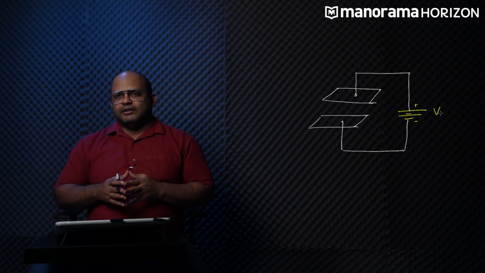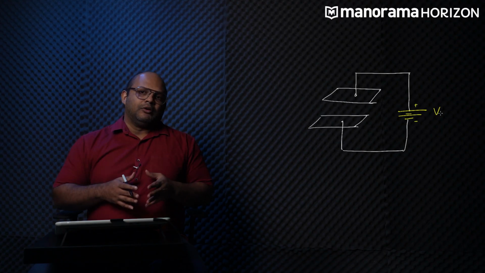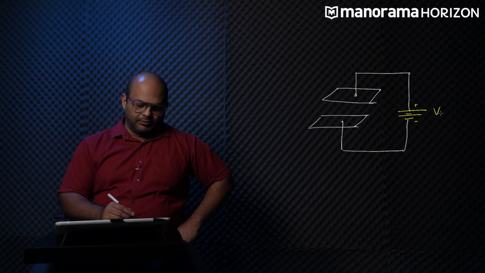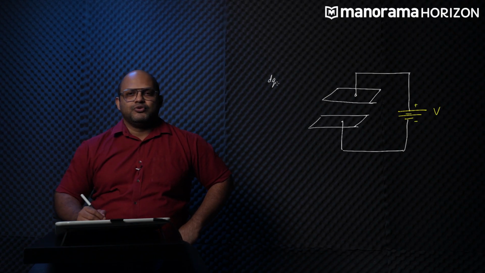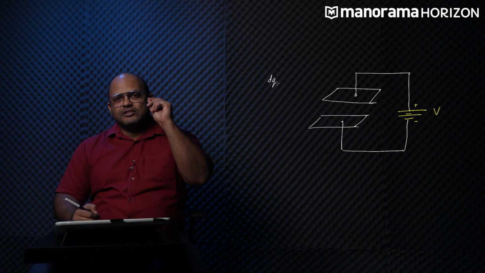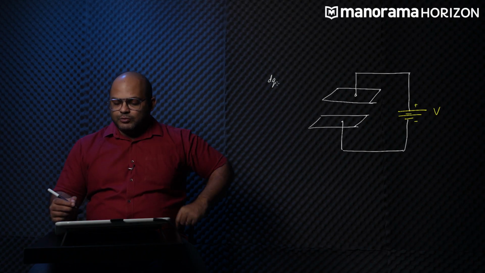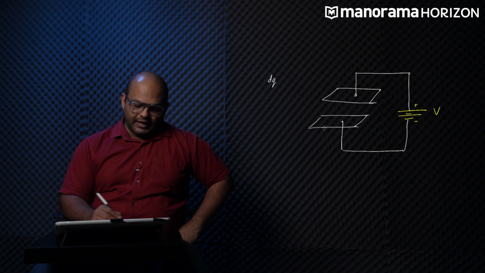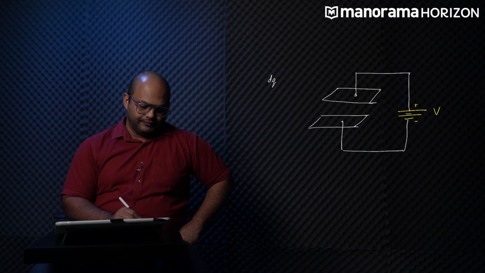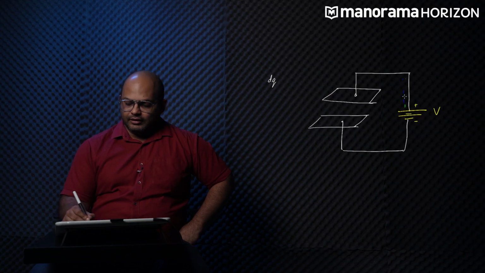Let's say that we are moving a vanishingly small amount of charge that we can call dq. So dq is an infinitesimally small amount of charge which is moving from the positive end of this cell or battery and it is traveling into this capacitor.